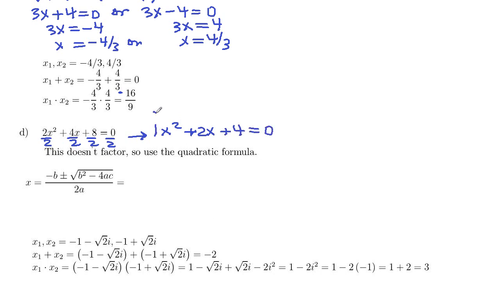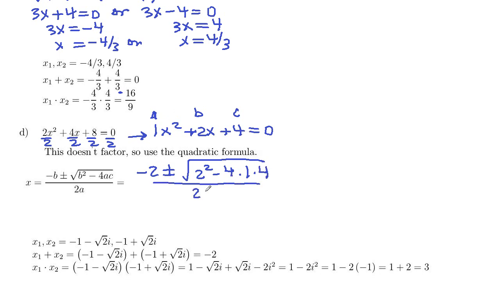So our a is 1, our b is 2, and our c is 4. Remember, if there's a sign out in front, you have to include that. So here's our quadratic formula. So negative b will be negative 2 plus or minus the square root of b squared, so 2 squared, minus 4 times a, which is 1, times c, which is 4, all over 2a, so 2 times 1.